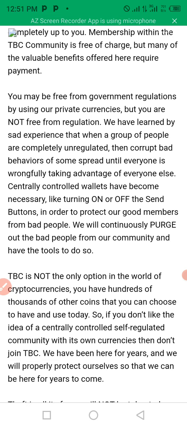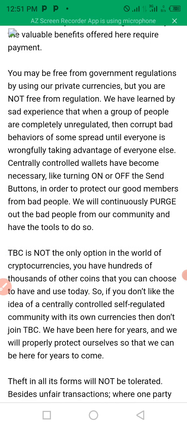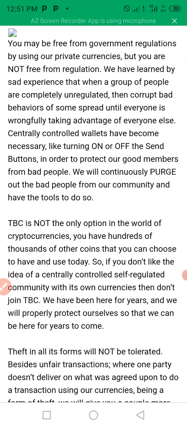You may be free from government regulation by using our private currency, but you are not free from regulation. We have learned by sad experience that when a group of people are completely unregulated, then corrupt bad behaviors of some spread until everyone is wrongfully taking advantage of everyone else.